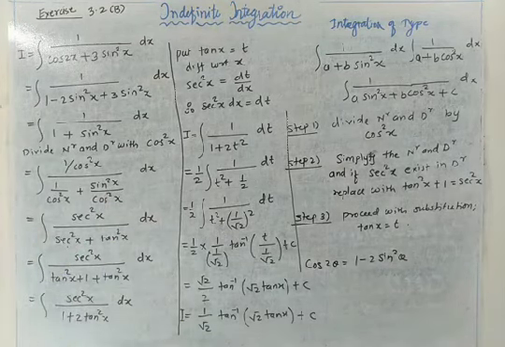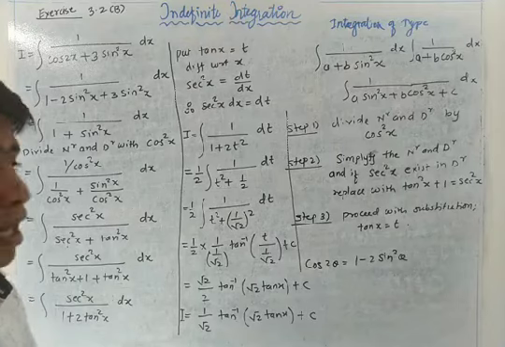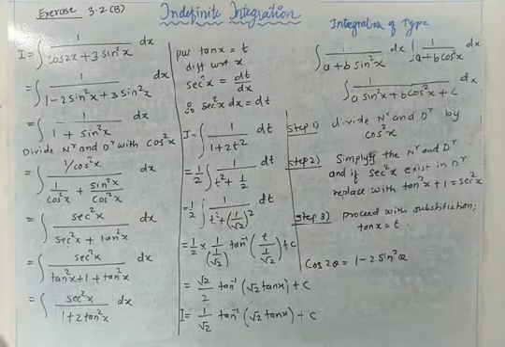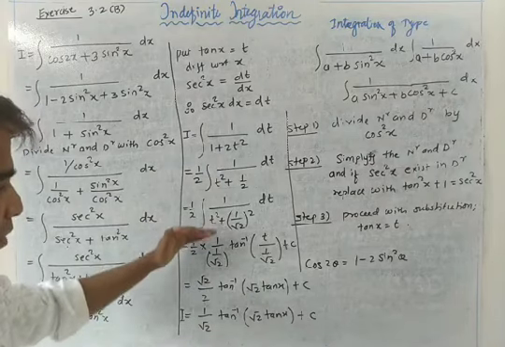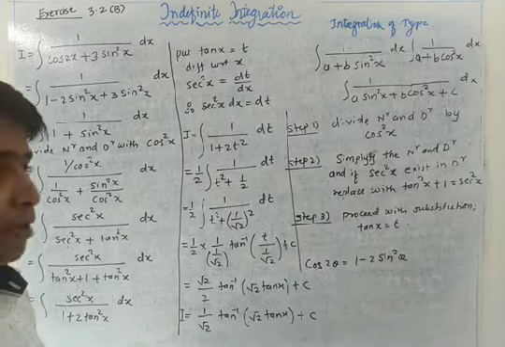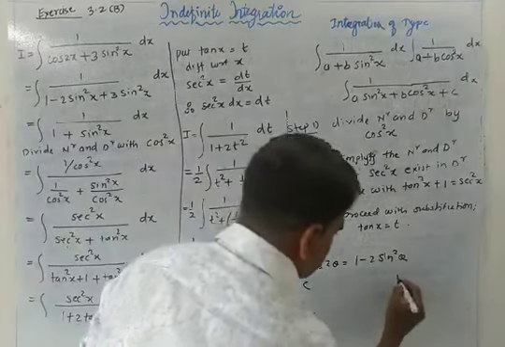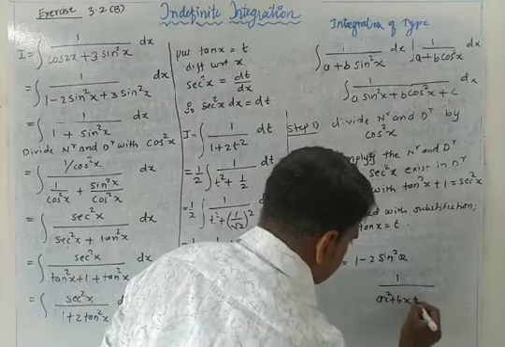Get it? So see, if you commonly understand, in all three types, after substitution with t, we are getting a quadratic equation in the denominator, and we are going to simplify the answer with that quadratic equation. It means 1 upon ax square plus bx plus c. Solutions related to ax square plus bx plus c.